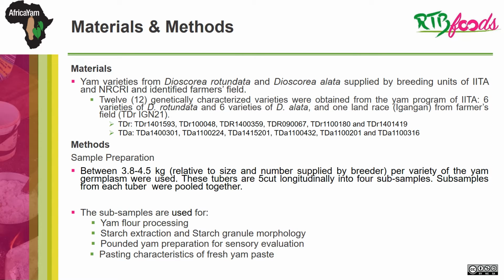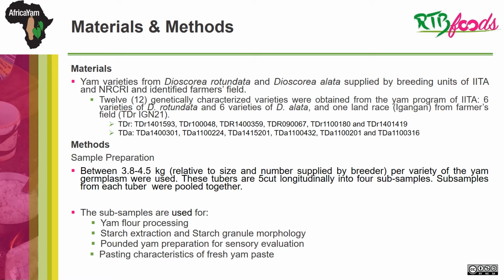Now, the materials and methods that we have been using. Our materials are mainly yam varieties from Dioscorea rotundata and Dioscorea alata species that are supplied by breeding units of IITA and NRCRI, Umudike. And at times we use varieties from identified farmers' fields.